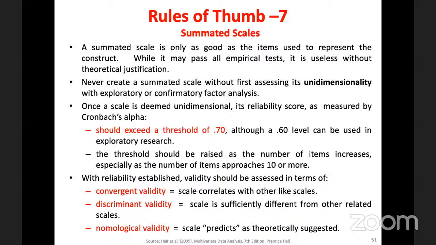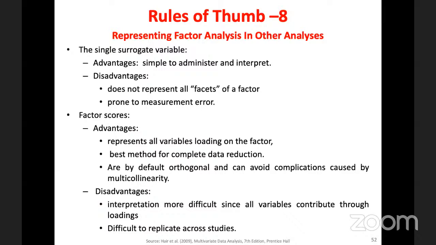Here convergent validity, discriminant validity, and nomological validity are also relevant. From this factor analysis we can have these validities explained also. Once we do the hands-on exercise, I'll show how it is done.